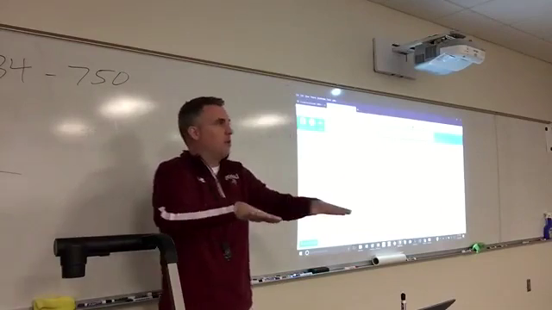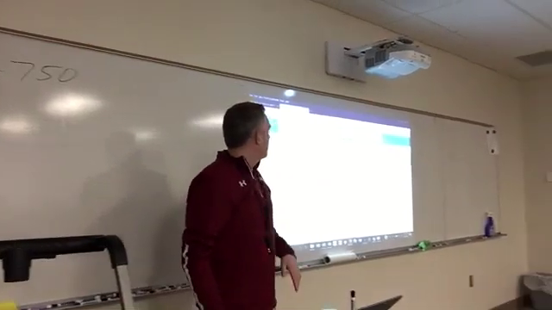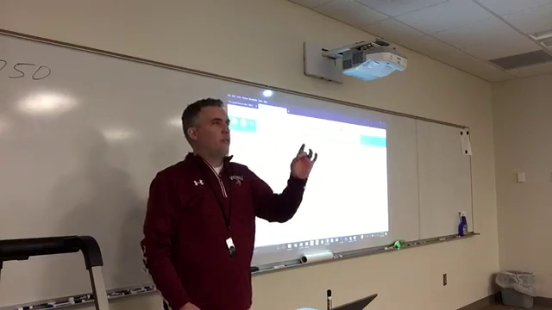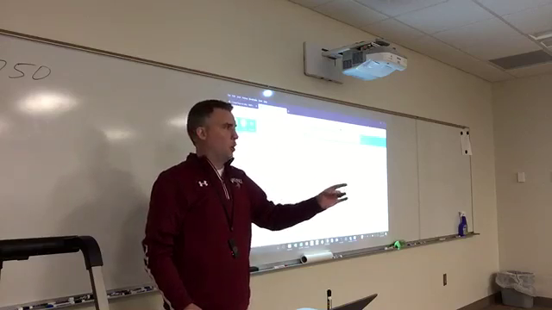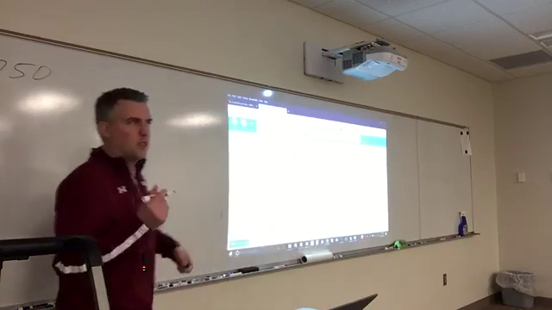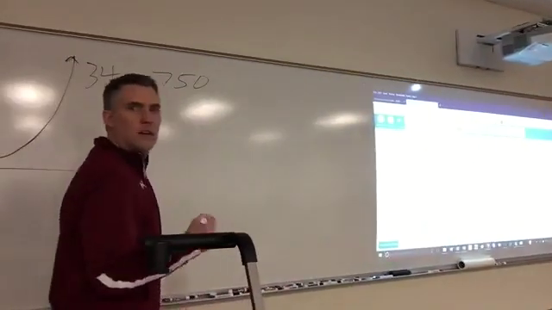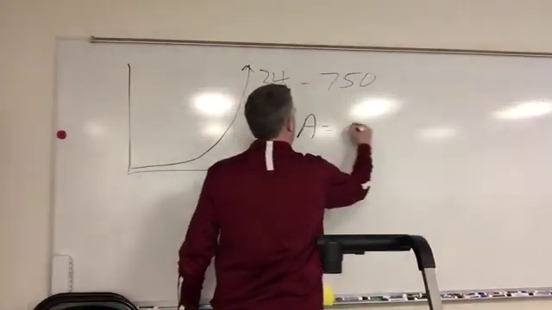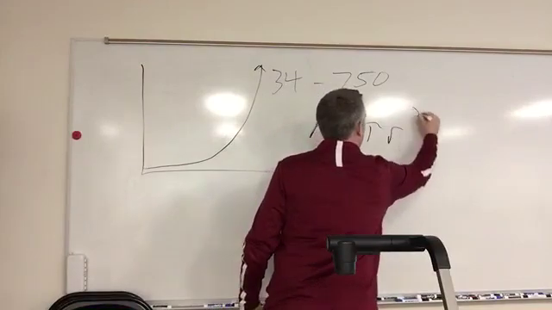But since we're only doing two-dimensional, does anybody know the formula for the area of a circle? You would have learned it like in 7th grade. Pi times radius squared. Very nice. A equals pi r squared.